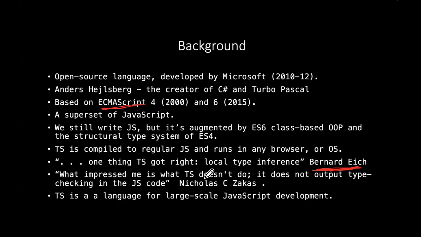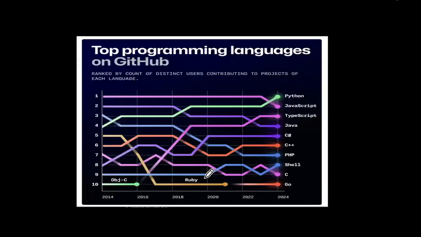Okay, let's move on to some hard facts, though maybe just before that. What I'm showing you here is that every year the GitHub platform publishes a report, and one part of that report tells us the most popular languages on the GitHub platform.